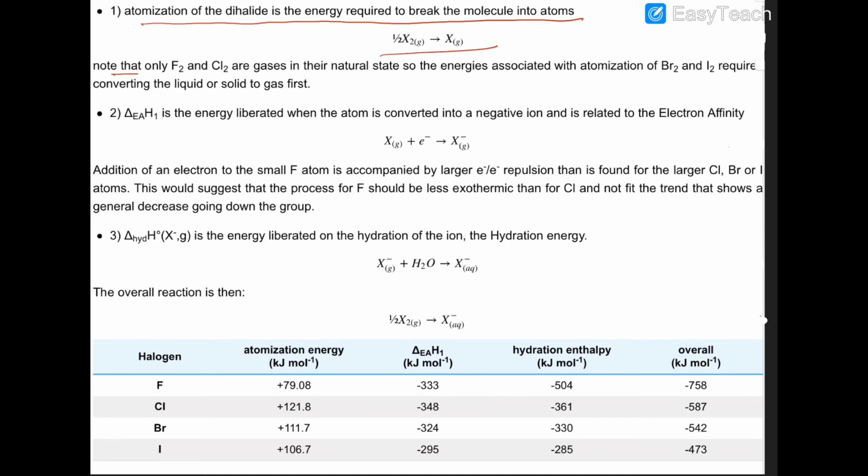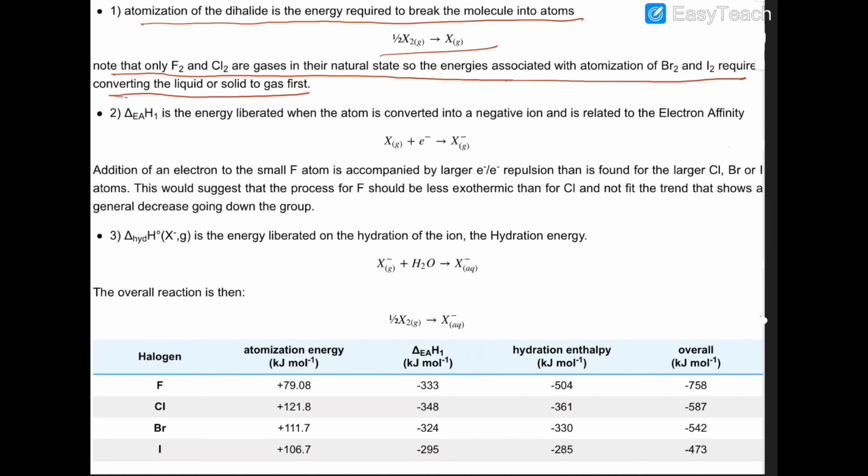Note that only fluorine and chlorine are gases in their natural state. So the energy associated with the atomization of bromine and iodine also requires enthalpy of vaporization and enthalpy of sublimation. That's why both bromine and iodine have high heat of atomization, because iodine exists as a solid while bromine exists as a liquid at room temperature.